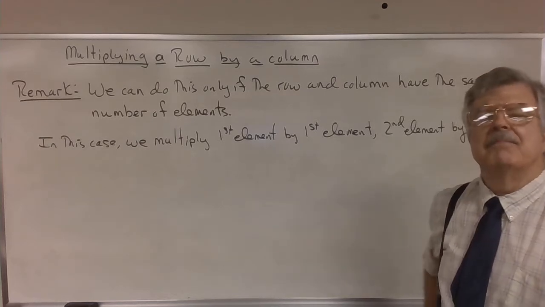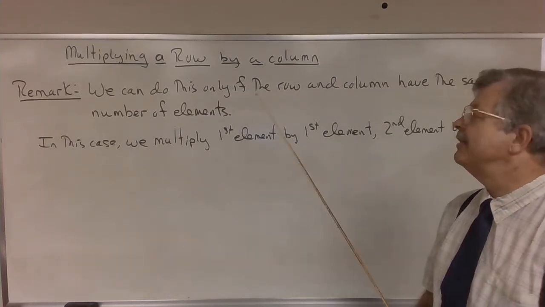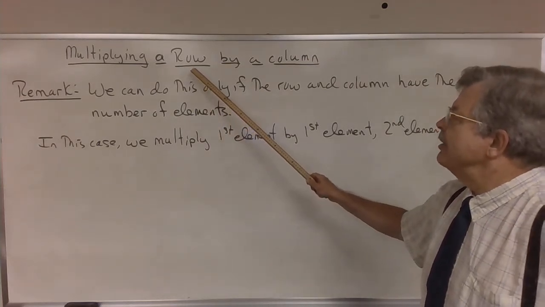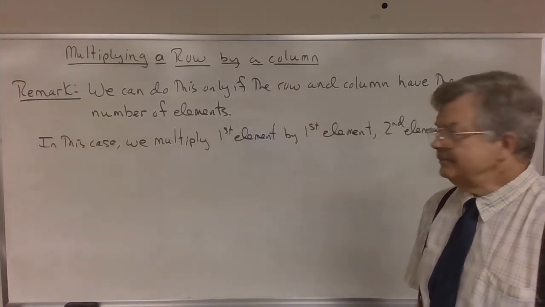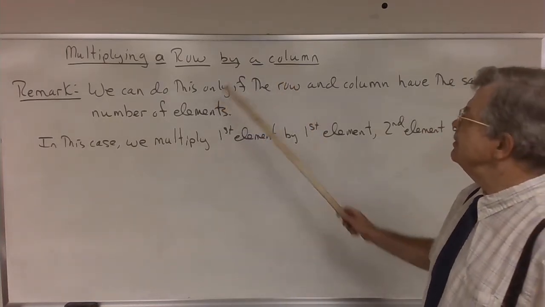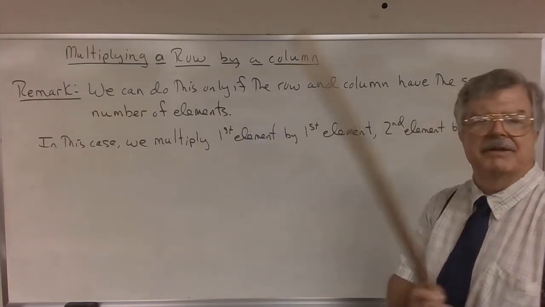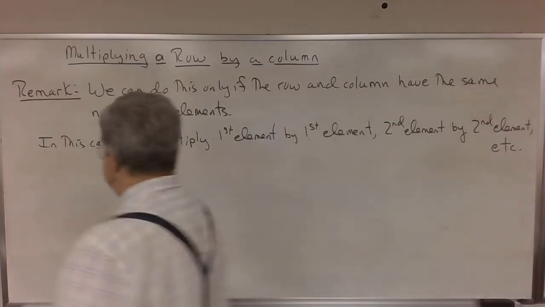We're going to learn how to multiply two matrices together, but before we can do that, what we need to learn how to do is multiply a row by a column. And we can only do this if the row and the column have the same number of elements. So let's look at something that we can't do.